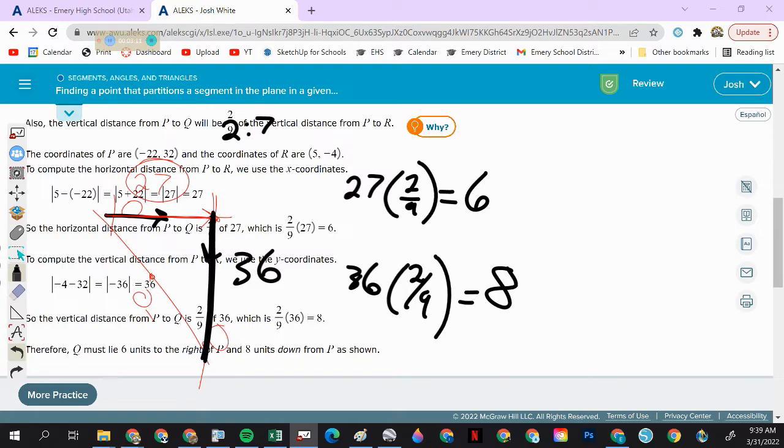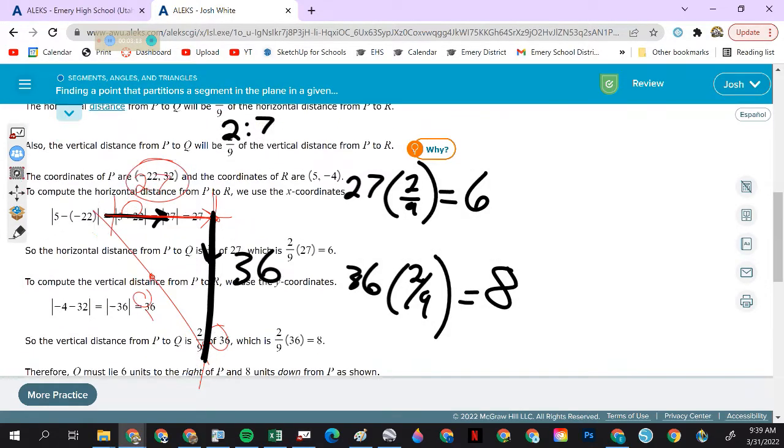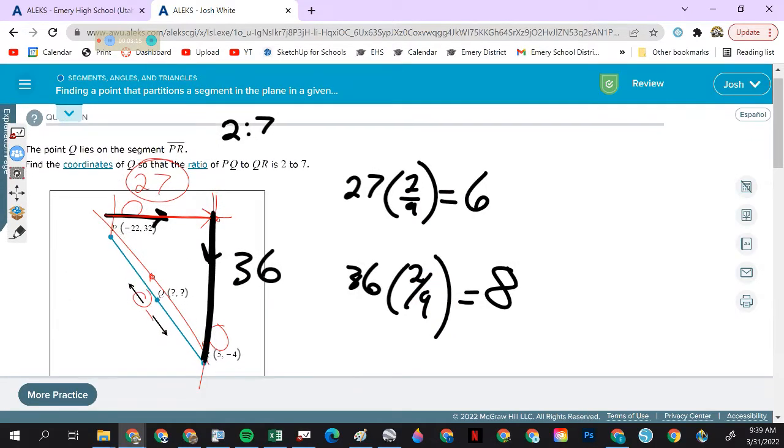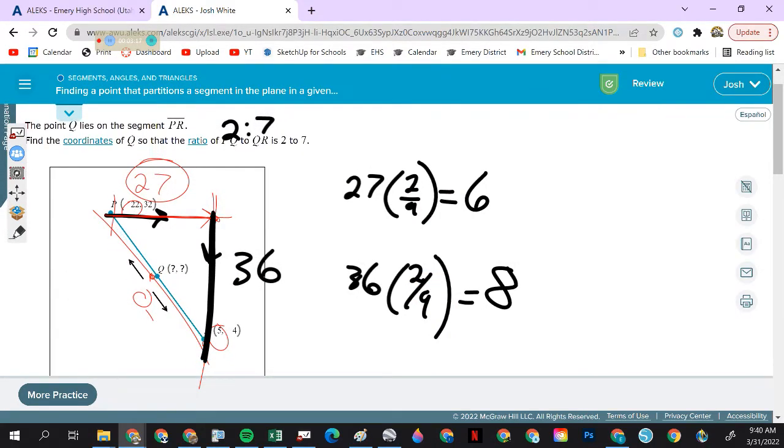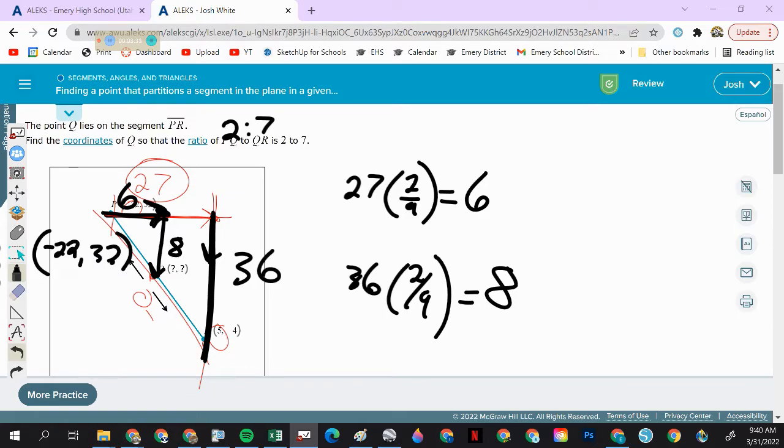No. Because P is at negative 22, 32. So what it's saying is I need to go 6 in this direction and 8 in this direction. So if I start at negative 22, 32, and I go right 6 and down 8, where do I land?